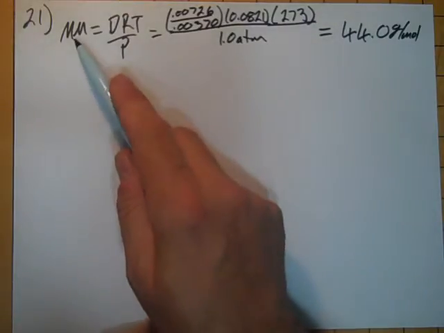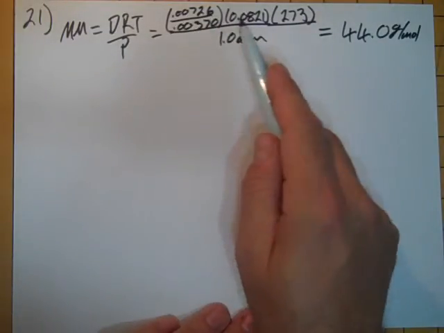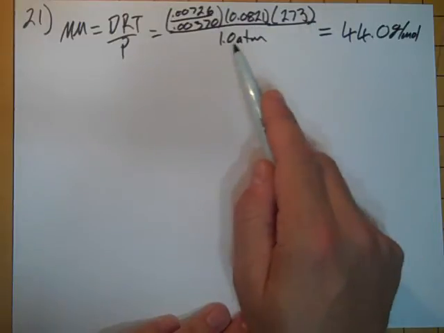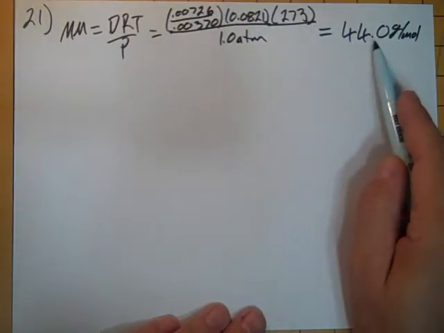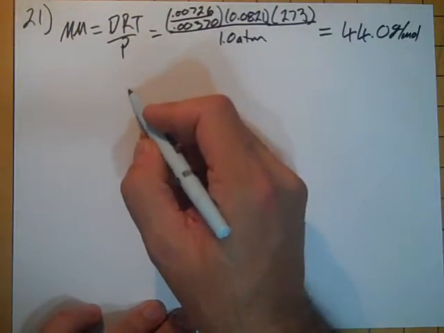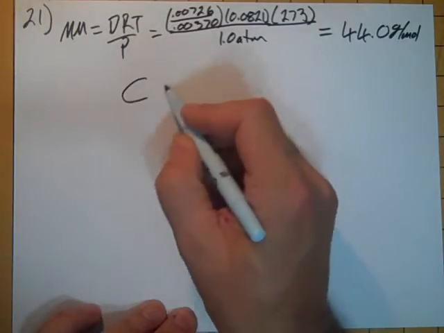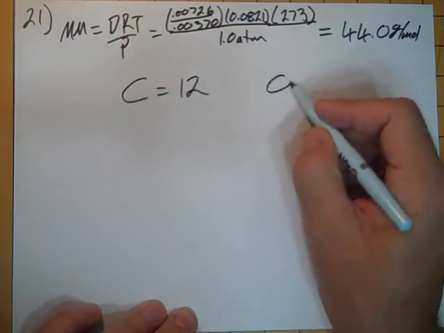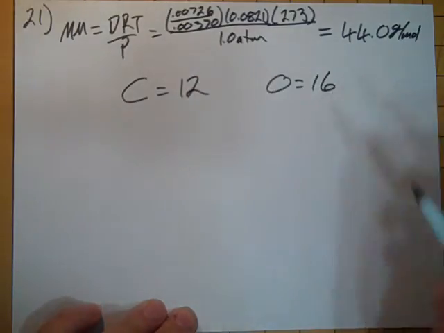So if I go through this, I find the molar mass by taking the density times R times temperature divided by the pressure, and I come up with 44 grams per mole, and I further know that this gas only is made up of carbon, which has a mass of 12, and oxygen, which has a mass of 16.